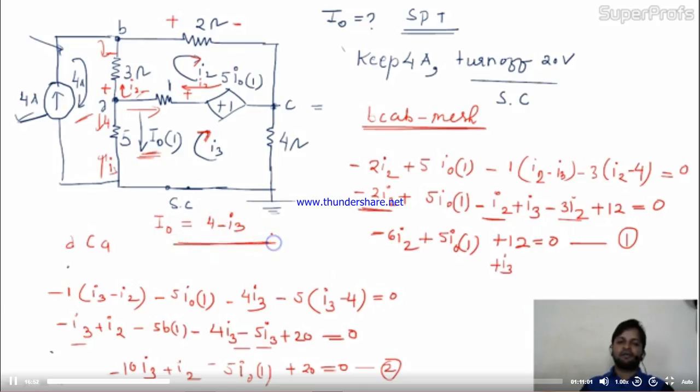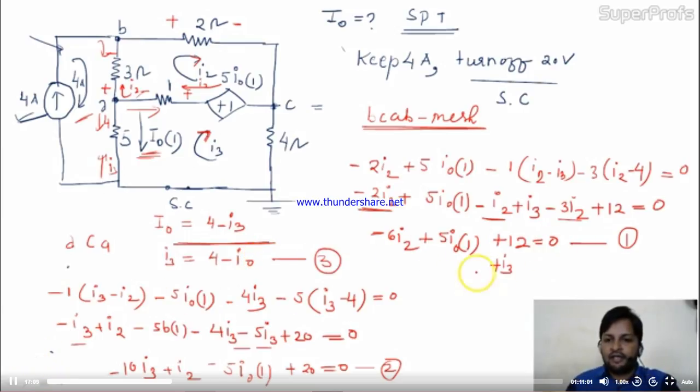Is it okay to you people? You will replace I3 by 4 minus I0. This is equation 3. Now you are having three equations, three unknowns. Easily you can find out I0, and your I0 will be 52.17 ampere.